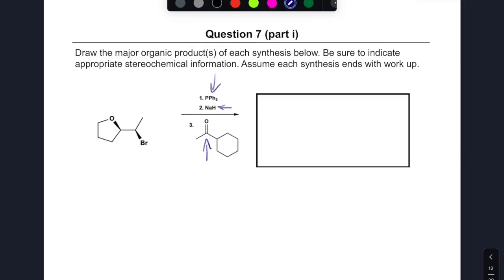So after step 1, we are going to make the triphenylphosphonium type reagent. So we're doing PPh3, and this will be plus at that time. After this addition, we're still going to have the proton here. After step 2, we're removing that proton, creating the nucleophilic center at that point too. So that's what we're doing here.